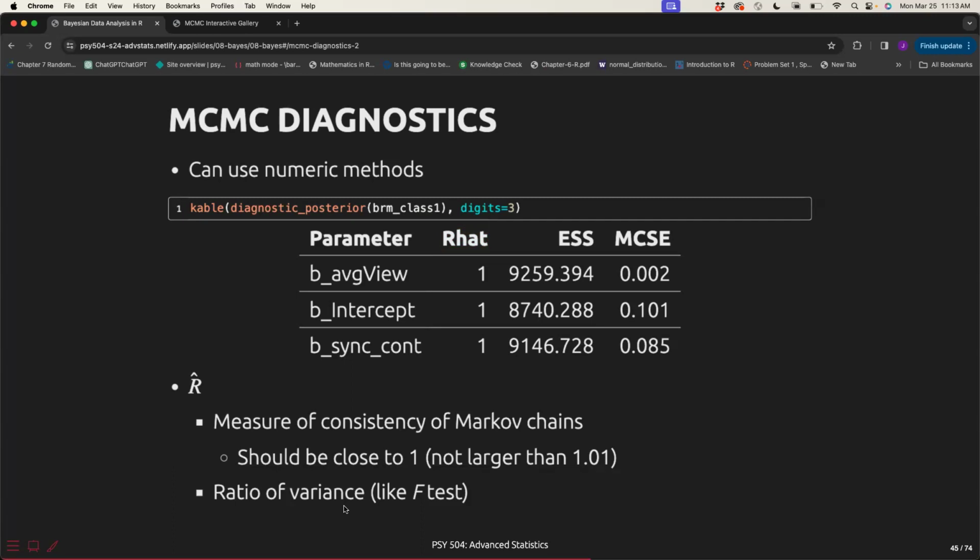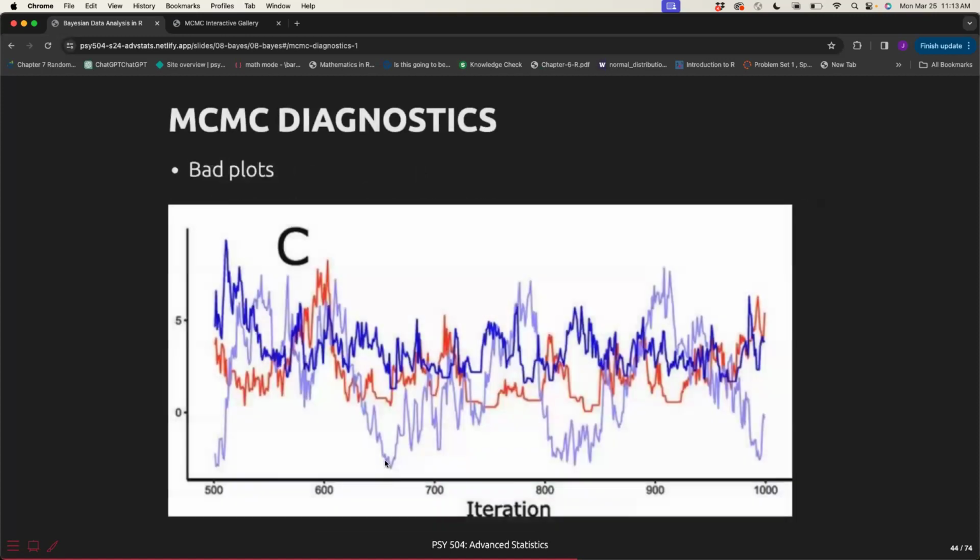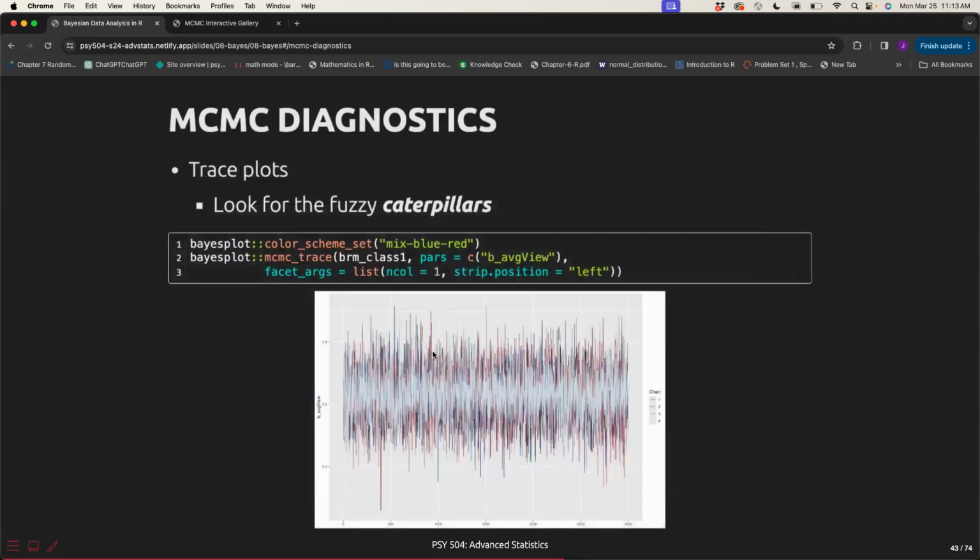We can think of this R hat value as a ratio of variances, like an F-test, where we're looking at the between-chain variance to the within-chain variance. In this particular case, our between-chain variance would be very large, and that's not something that we want. We want the chains to have very small between-chain variance, right? We want them to be overlaid on top of one another.